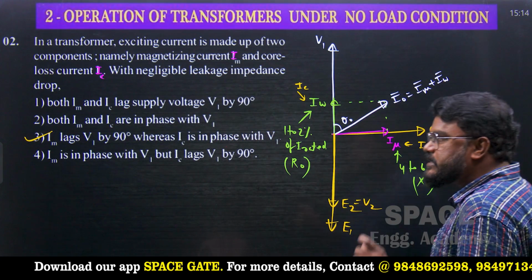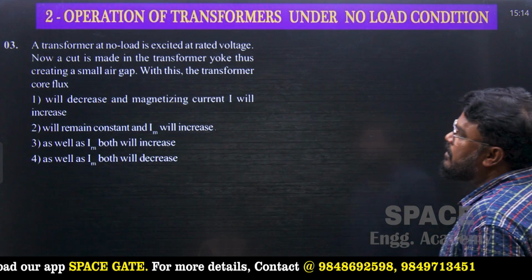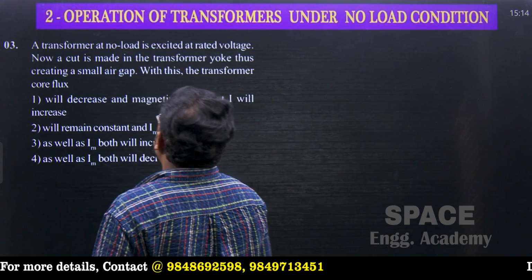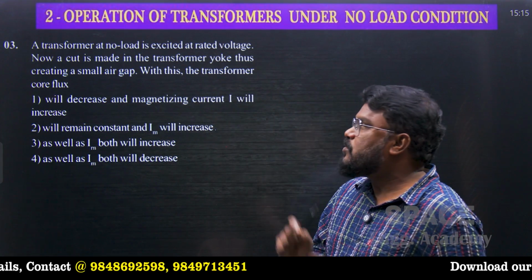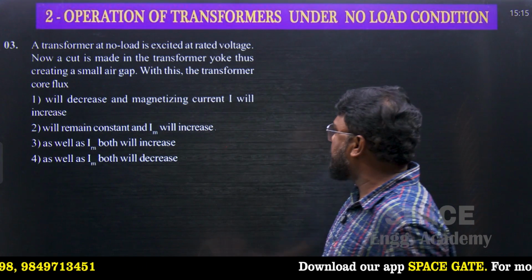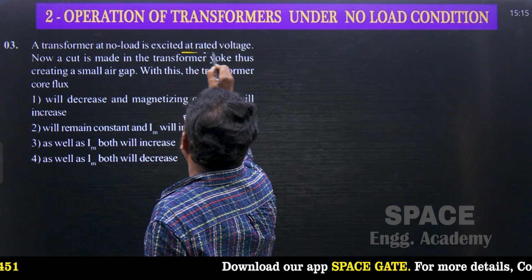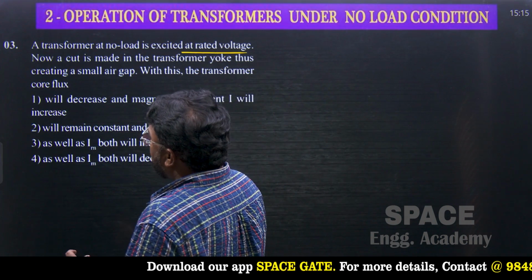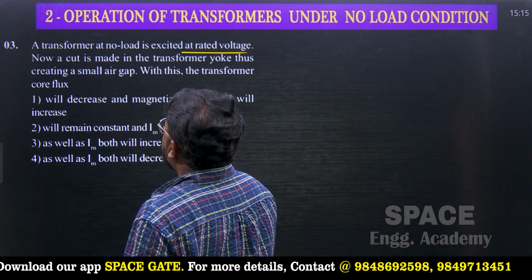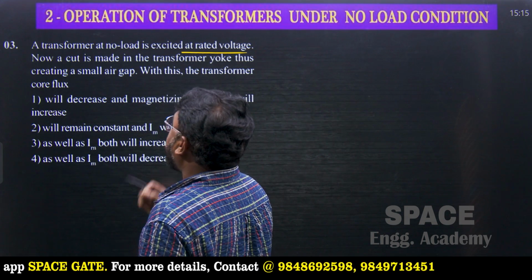Okay, and next let us solve question number 3. A transformer at no load is excited at rated voltage. Now a cut is made in the transformer yoke, thus creating a small air gap.